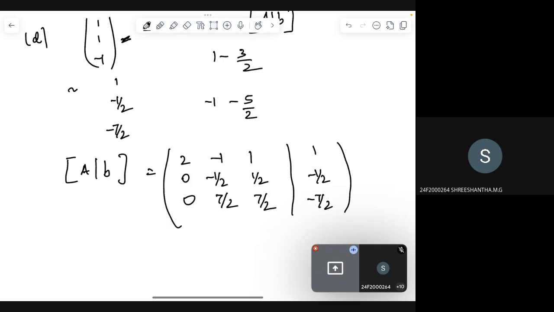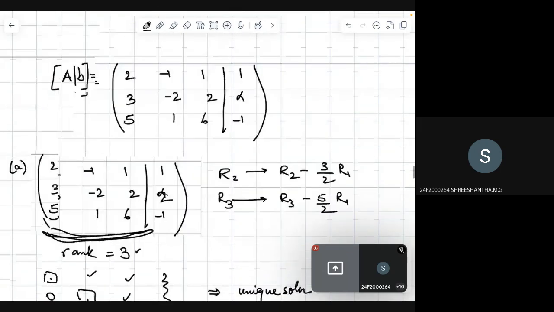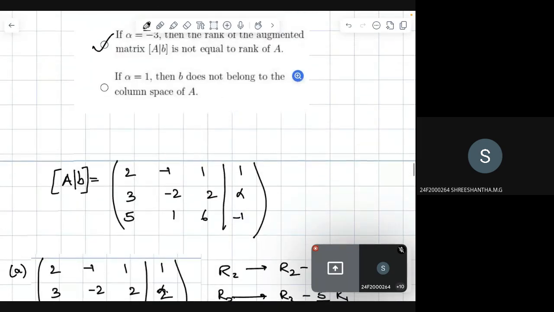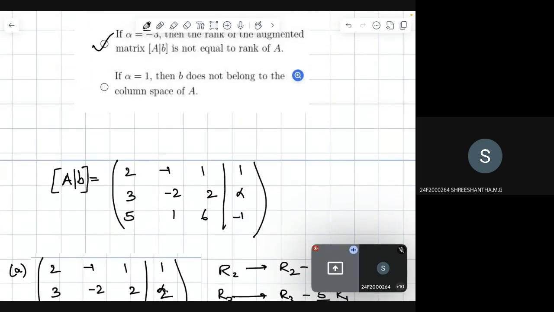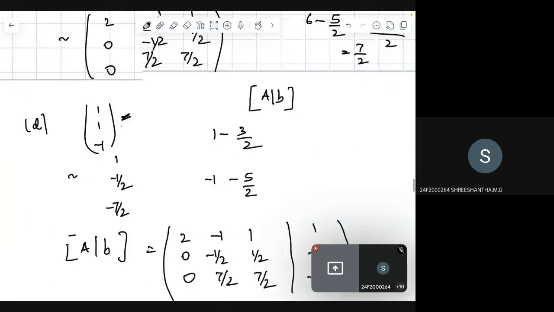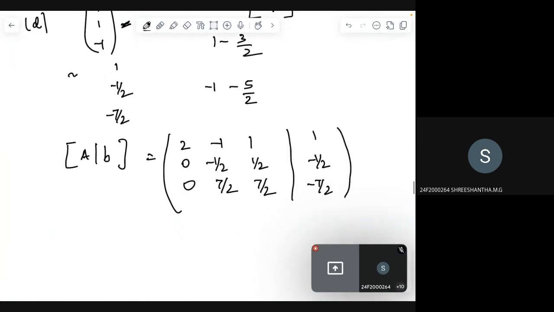What did we want? That B does not belong to the column space of A. Does B belong to the column space of A? It does not. Notice this column and this column.